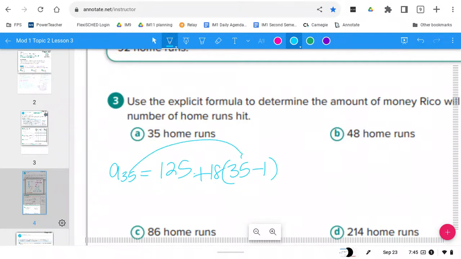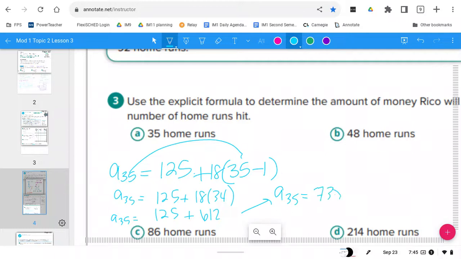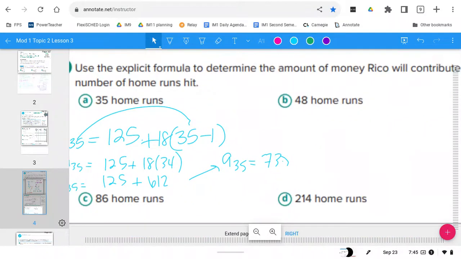So then you do your 35 minus 1 gets you to 34. Multiplication comes next, so 18 times 34 gets me to 612. And then I add that to 125 to get 737. So I want you to pause the video and get your next set of answers in here.